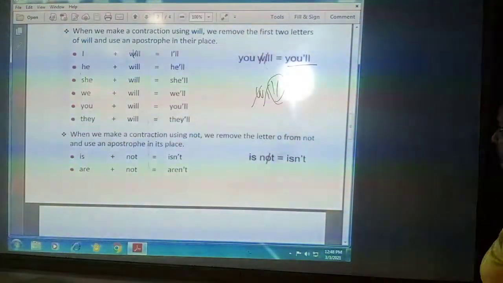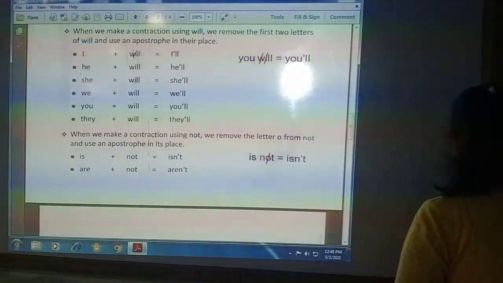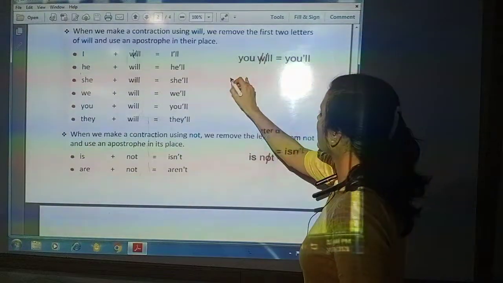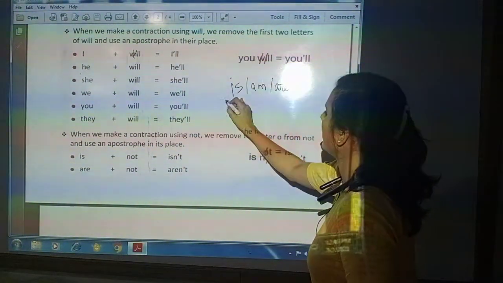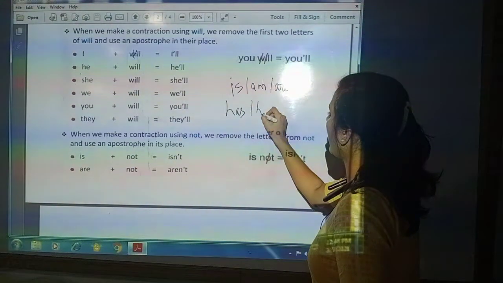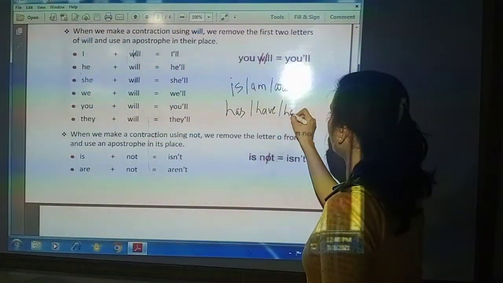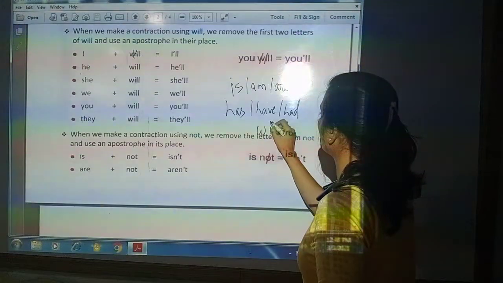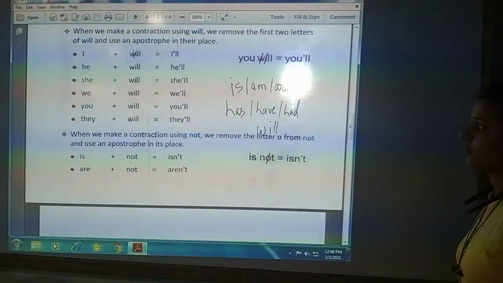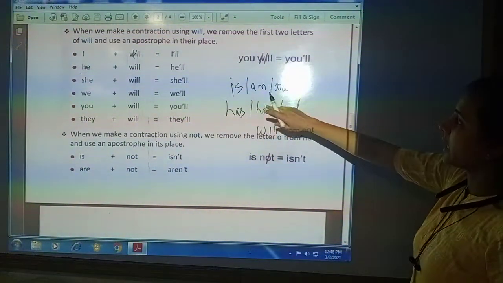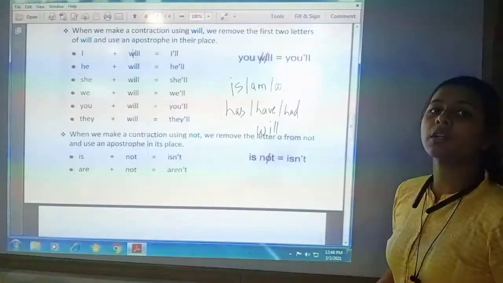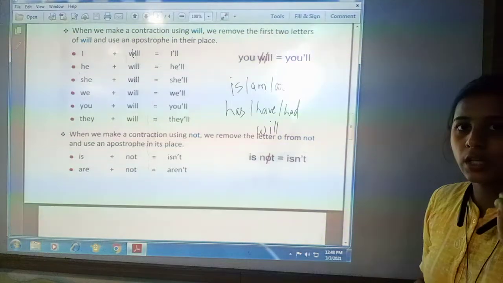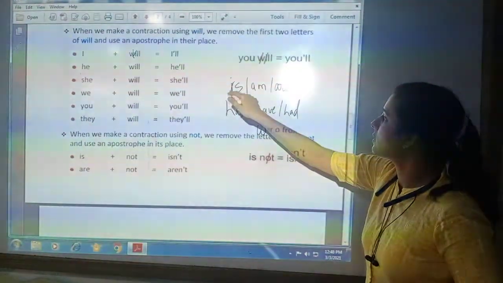With is, am, are, has, have, had and will. First we saw that if is, am, are is given, for contraction we will remove the first initial letter of these words.